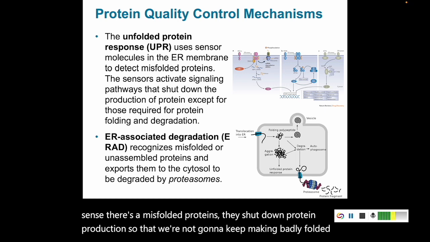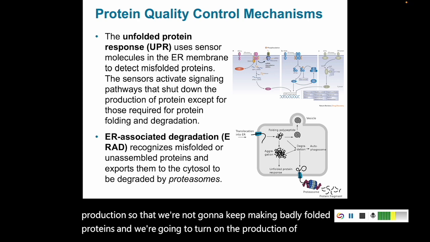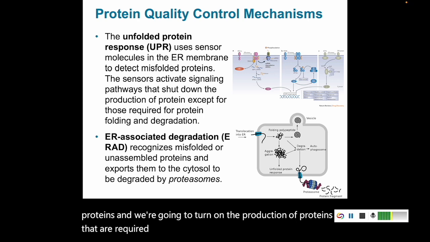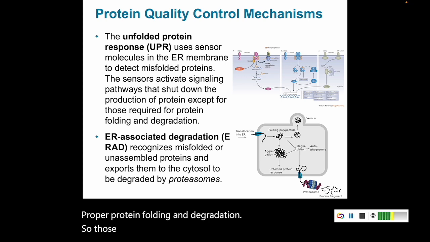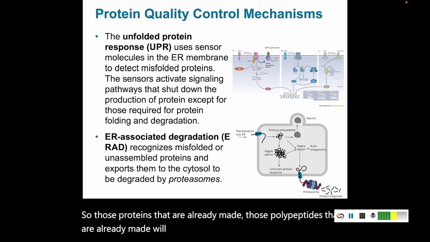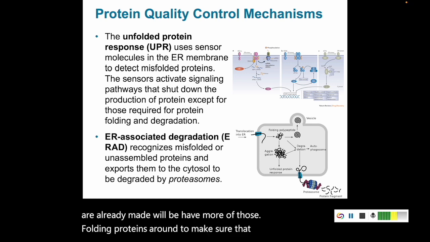And we're going to turn on the production of proteins that are required for proper protein folding and degradation. So those polypeptides that are already made will have more of those folding proteins around to make sure that those polypeptides are folded correctly.